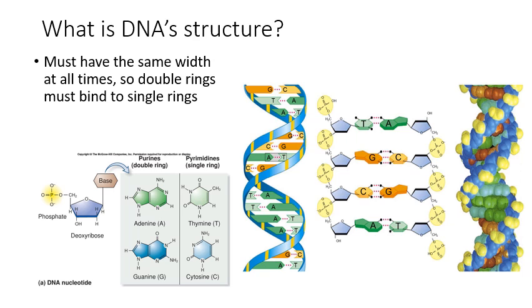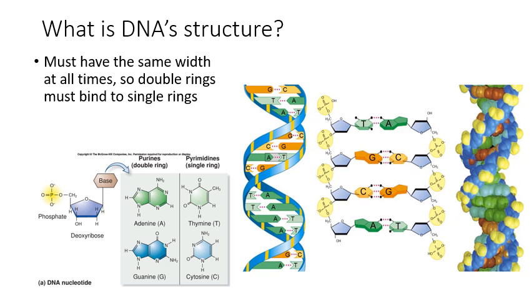Yeah, so C is one ring and three hydrogen bonds, and that leaves G. So now we're going to talk a little bit about what this means for base pairing.